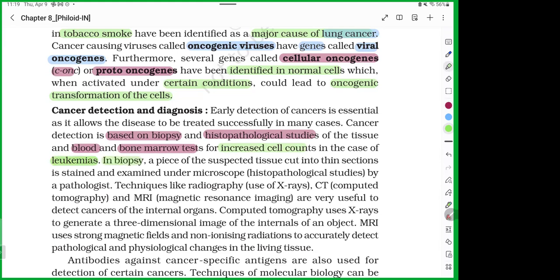We take suspected tissue where we expect there can be cancer. We can make a thin section, color them, and examine them under a microscope, histopathological study. A pathologist is the scientist who studies this tissue and examines it. And biopsy is the gold standard for cancer.